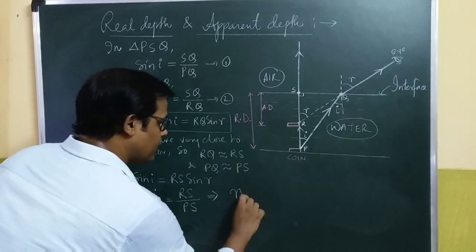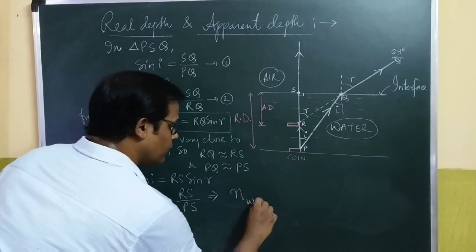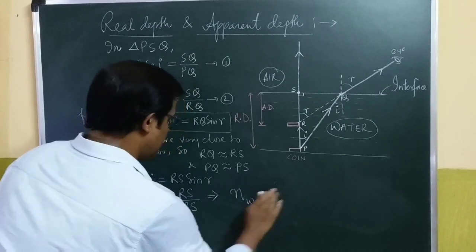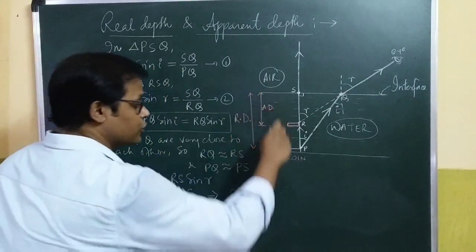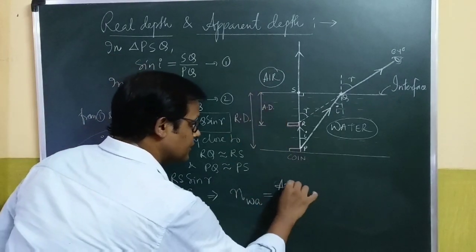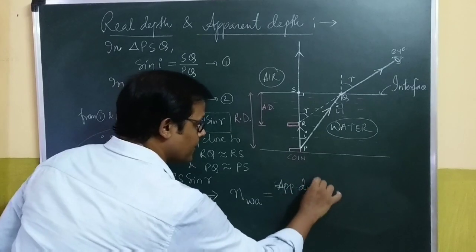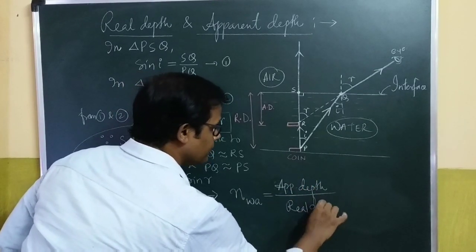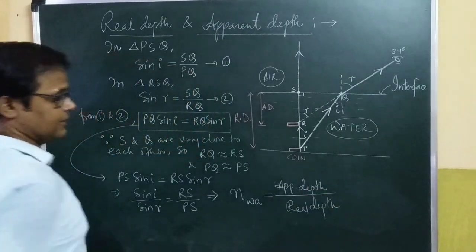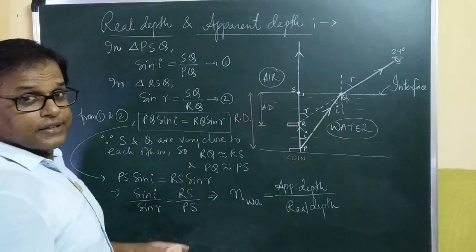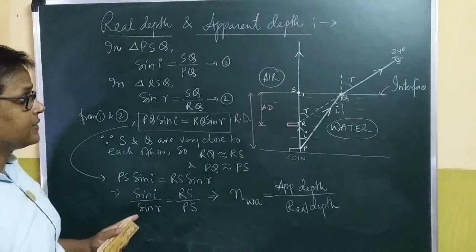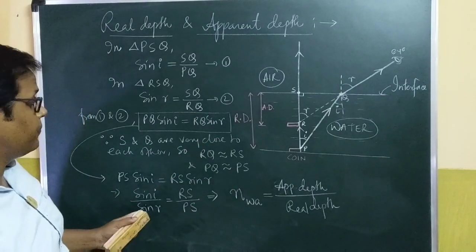The refractive index of water with respect to air is actually RS, referring to the apparent depth by the real depth. If you are doing this, refractive index of water with respect to air, sine I by sine R.